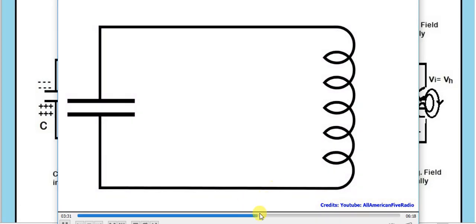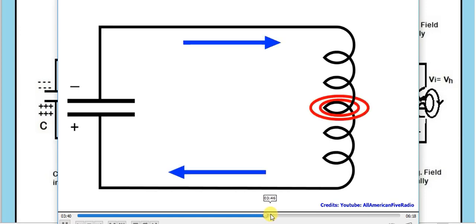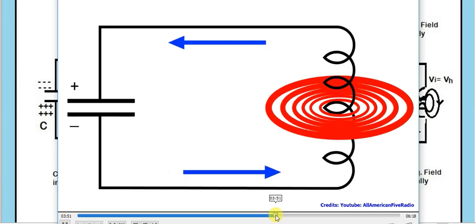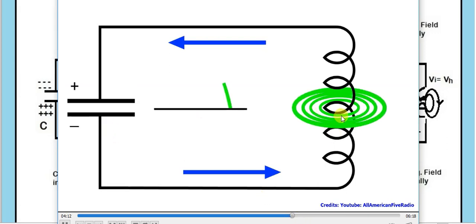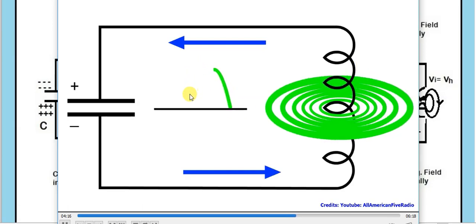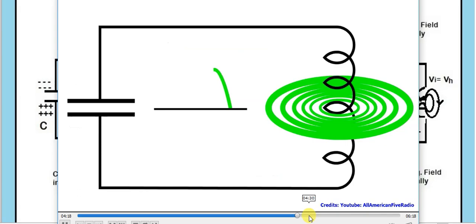Now the next animation is about the AC signal cycle, which will be here in a moment. Here we see the positive first discharge is causing an expanding magnetic field, which is the induced field, and the AC cycle is being generated here, positive half.